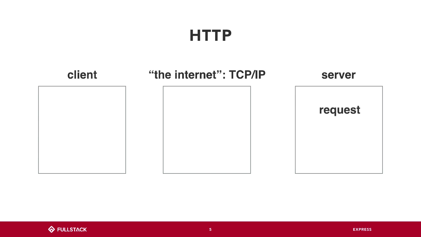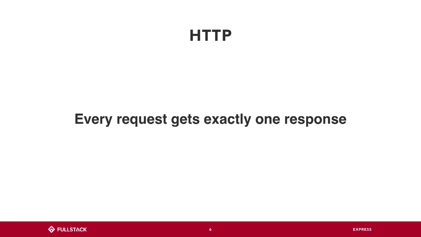Something on the server has implemented the HTTP protocol, which is a set of rules, and it sends back the proper response. From an HTTP perspective, even though there are multiple packets going on under the covers, from our perspective the key is one request, one response. You make a request, you get a response.